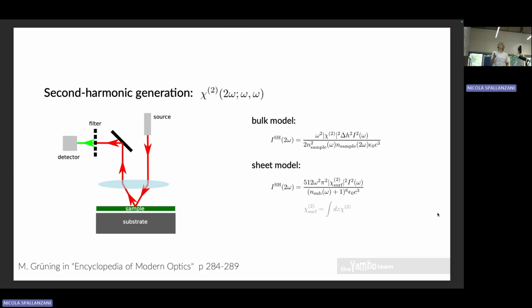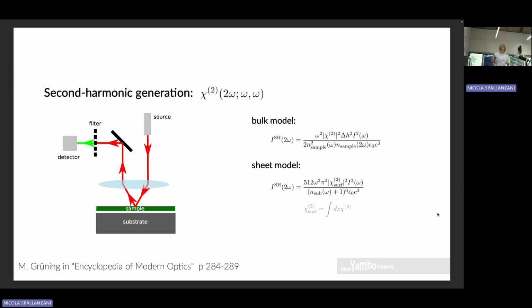This is also connected to what was presented by Eleonora. When you get the harmonic generations, you get the susceptibility, but take care that the susceptibility is not what is measured in an experiment. In an experiment, you just shine a laser, and then you collect the signal, and what you have is your intensity.